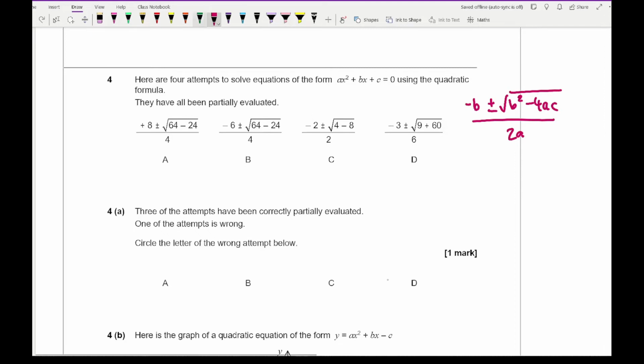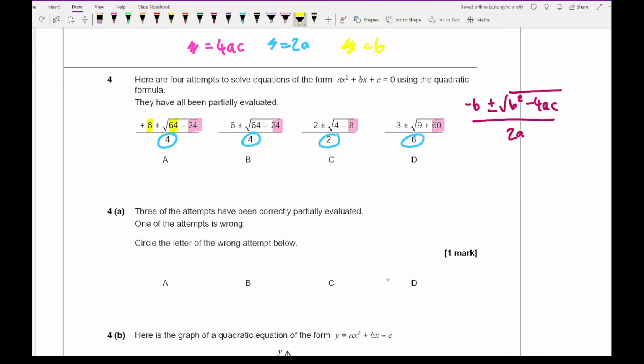So for example, these values that I'm highlighting now are my 4ac. The pink, let's do a little code, should be the 4ac part. This blue bit is my 2a. And the yellow part is my b, or minus b in some cases.